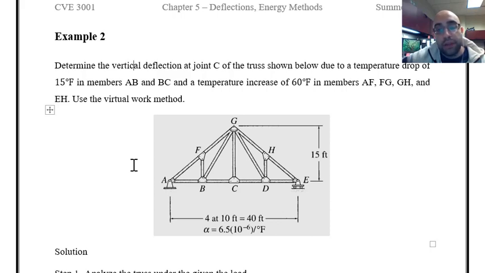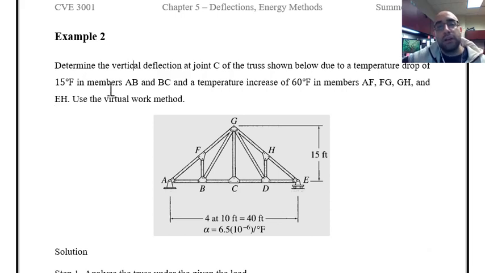In this problem, the loading is because of the change in the temperature. You know, when we have a member, if we increase the temperature, the member will expand. And by expansion, it is going to push the members around it. So it will act like a source of force, and it will apply some force to the whole truss.